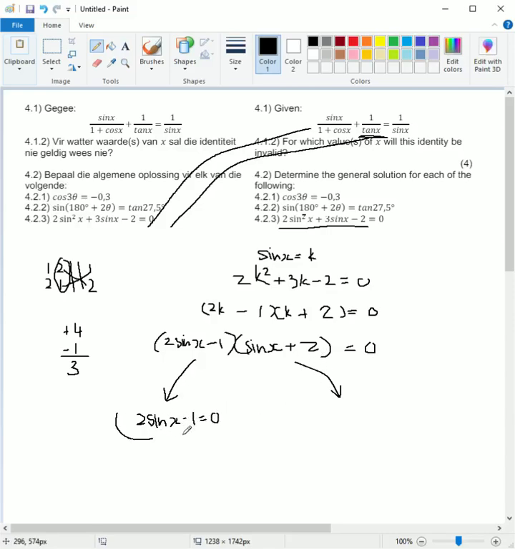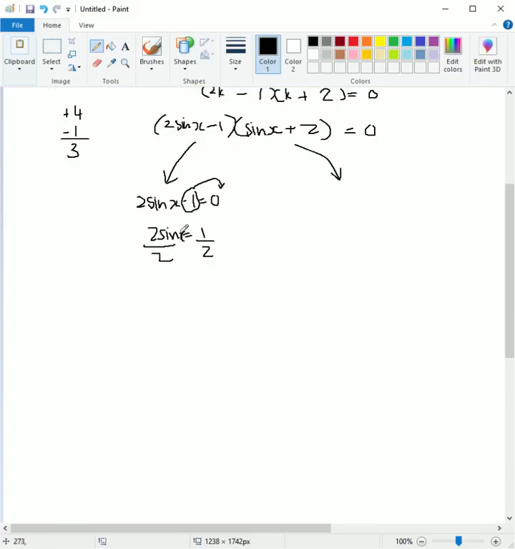Let's manipulate this over here. We're going to add 1 on both sides, so this is going to be 2 sine x equals 1. Divide by 2 on both sides. Our left hand side over here is going to be sine of x equals a half.